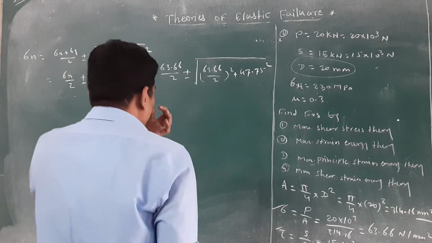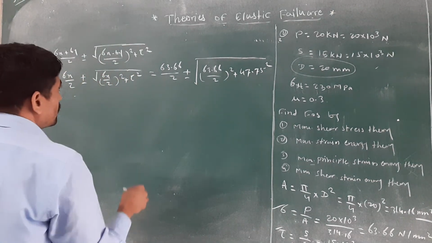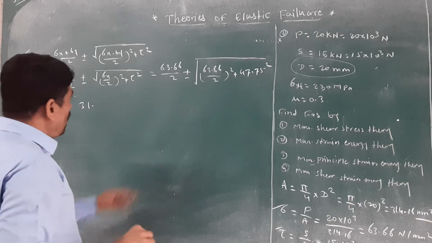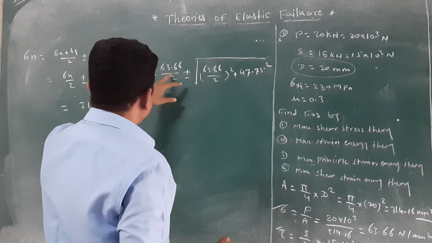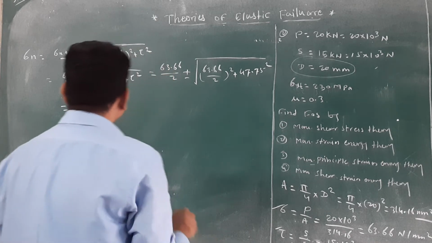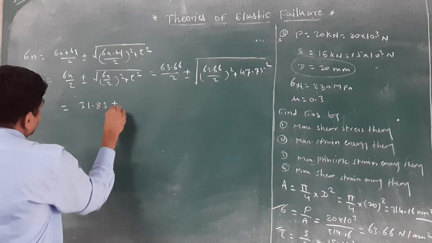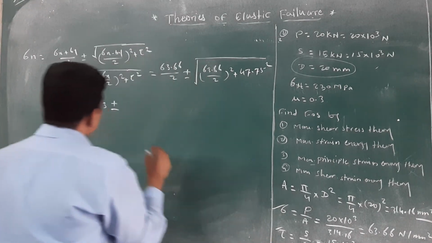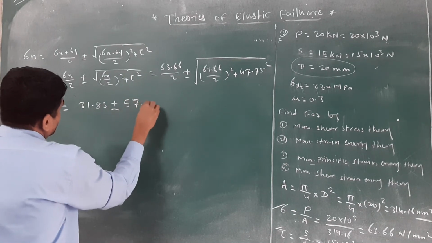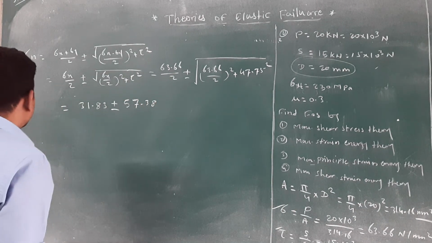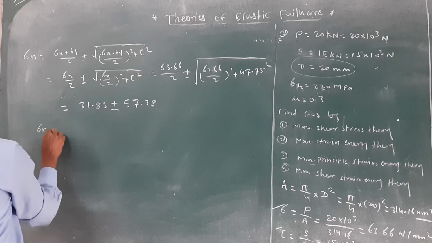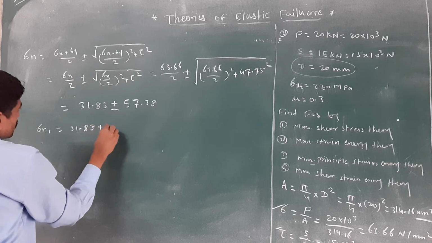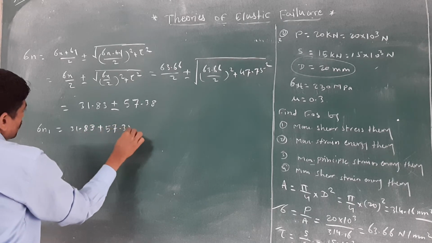If you have calculated these two values, then you will get 31.83 plus or minus 57.38. So sigma n1 is equal to 31.83 plus 57.38.